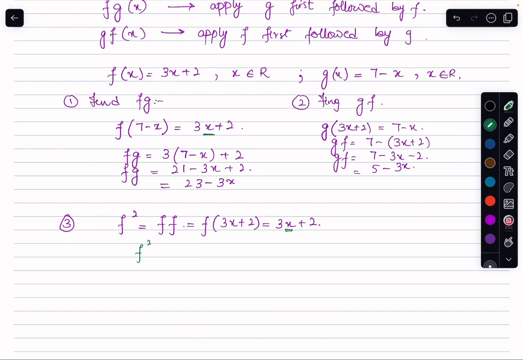So my f squared is going to be 3 times (3x plus 2) plus 2, and so f squared will be equal to 9x plus 6 plus 2, or f of f will be equal to 9x plus 8.